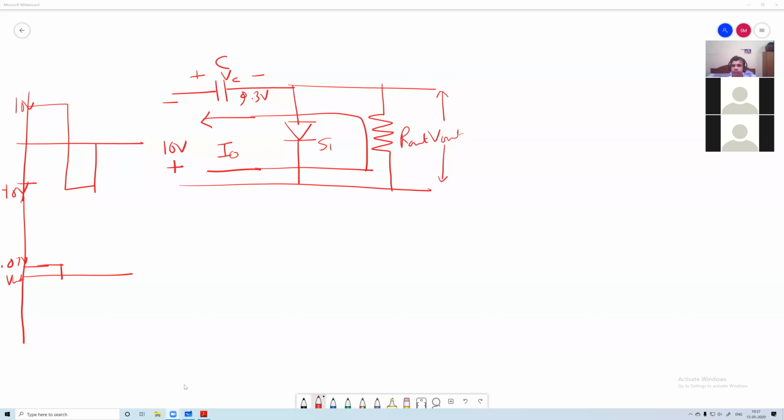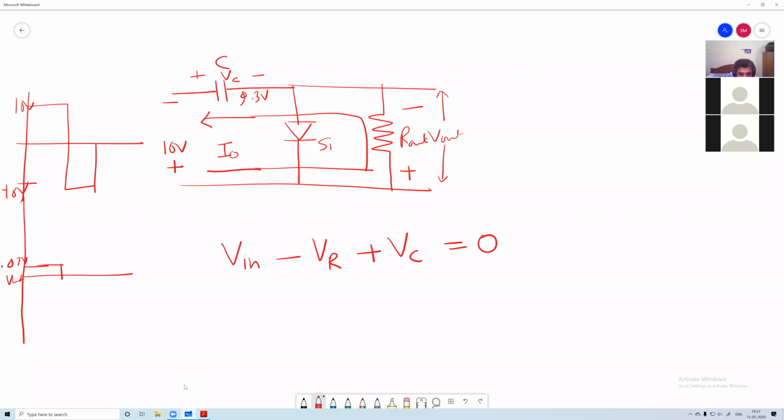Is this part clear? If this part is clear, then the rest of the problem is not an issue at all. Okay, now see carefully. Vin minus VR, note the VR now is like this, plus minus, plus VC, that is 0.